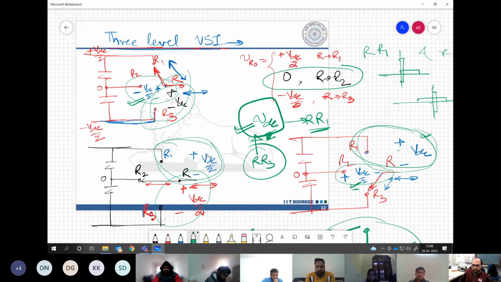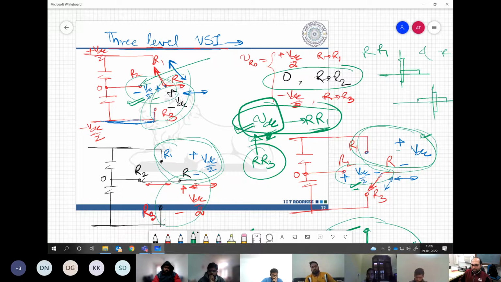So when we are making something, let us say, at industrial level or even at our lab level, we want some common devices. It cannot happen that some IGBTs have blocking capability of VDC and some other IGBTs have blocking capability of VDC by 2. So mismatch should not be there.